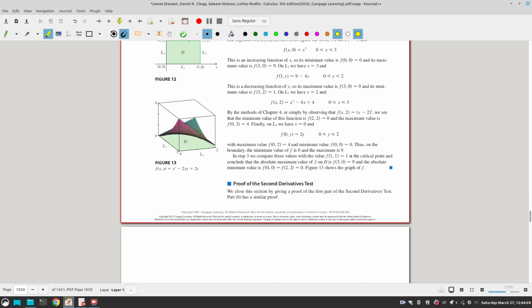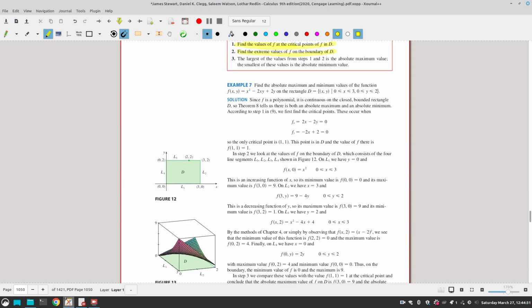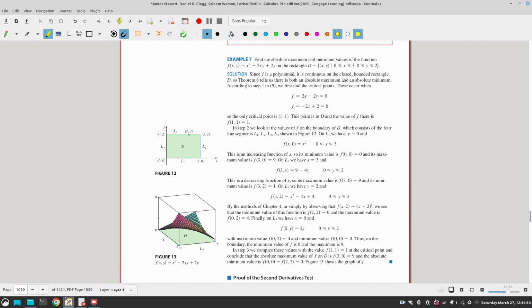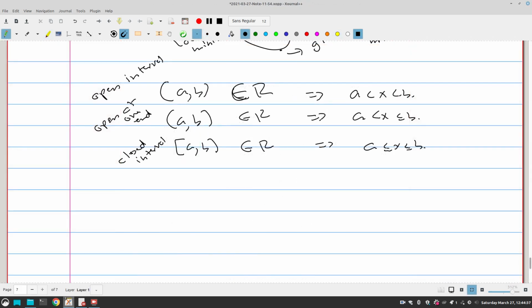Okay, so let's look at this example, and with that we will finish the lecture. Okay, so I'll work it out separately. Just a moment. So we have the function f(x,y) equals x squared minus 2xy plus 2y.